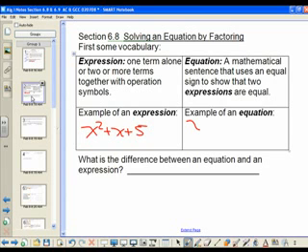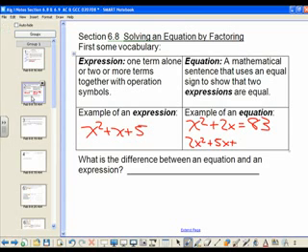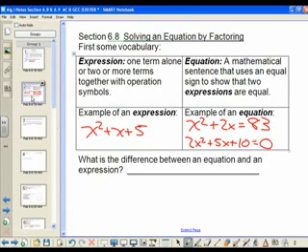Some examples: x squared plus 2x equals 83, and 2x squared plus 5x plus 10 equals 0. Those would be equations. What is the big difference between these?